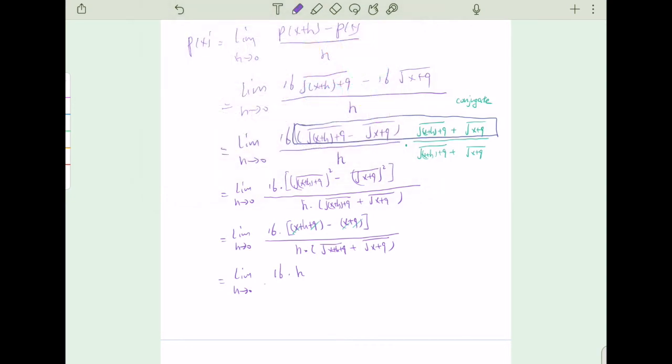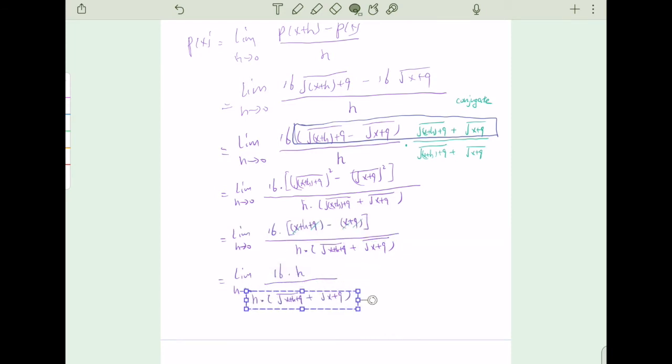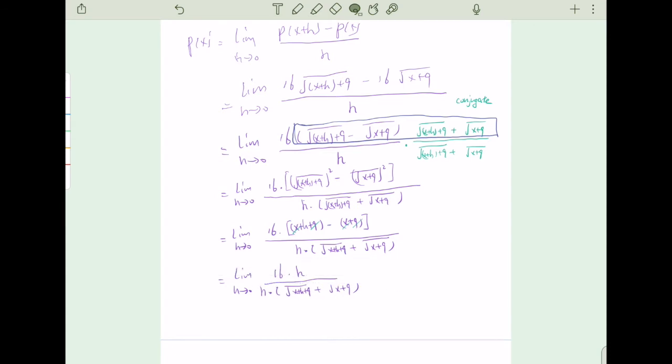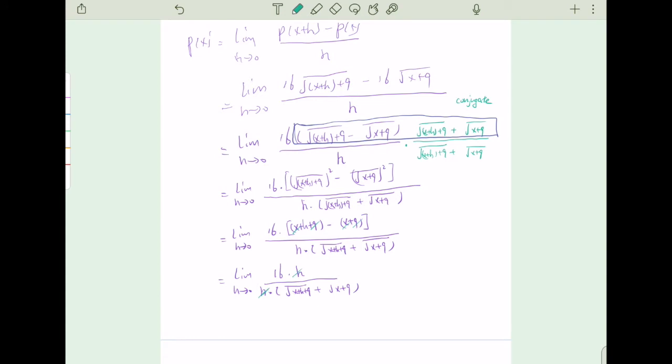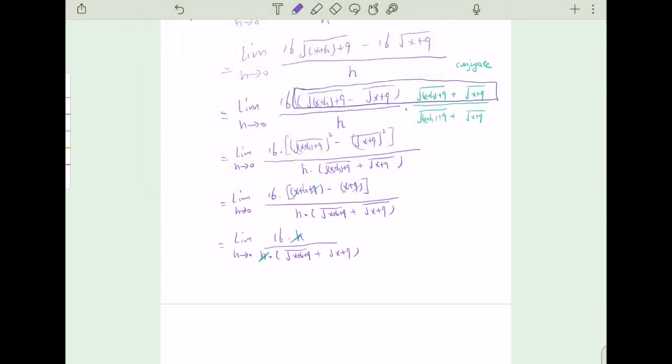And the bottom we have this times, actually the same thing. Same thing here. And now we can cancel out the h's here. And now we are left with this expression.